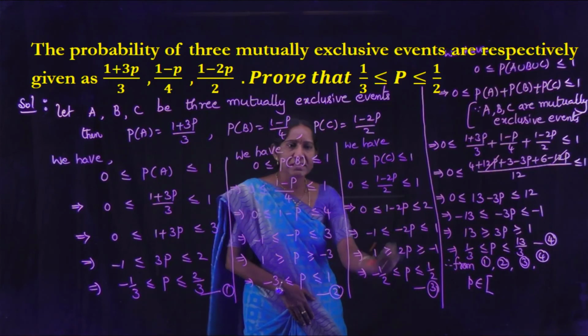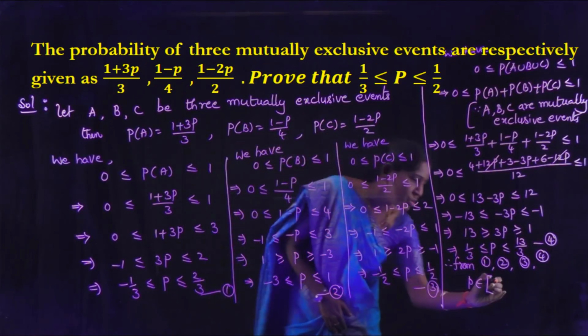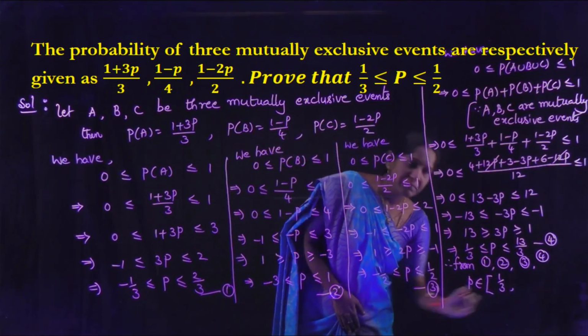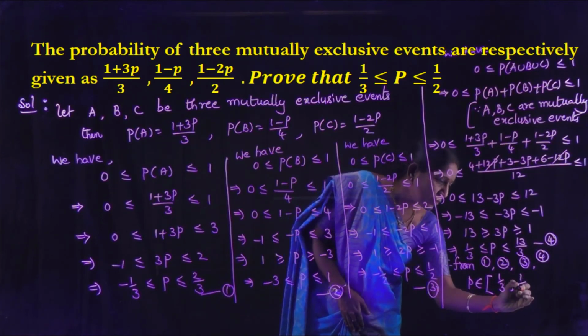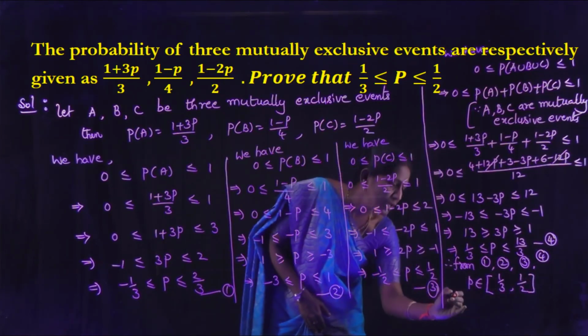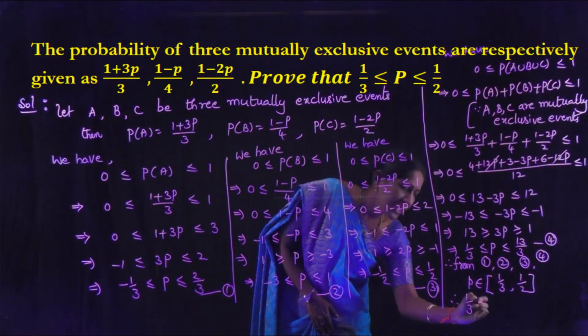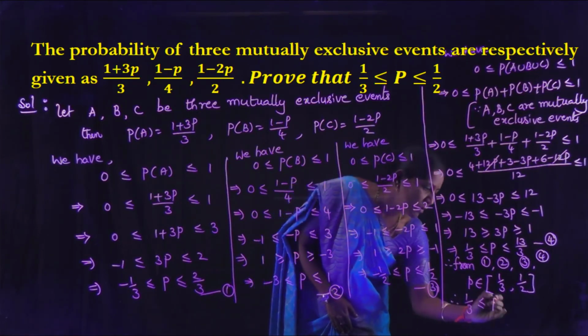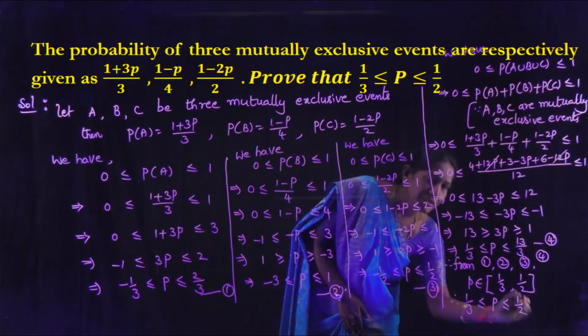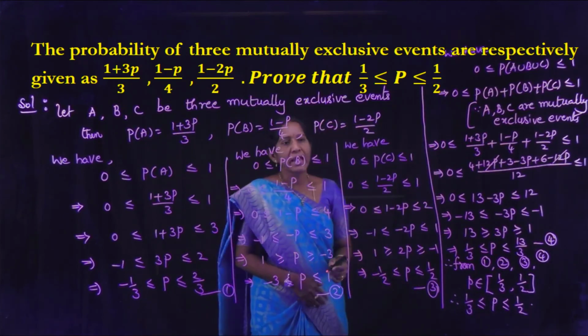From all these equations, p belongs to the closed interval 1 by 3 comma 1 by 2. Therefore, this is nothing but 1 by 3 less than or equal to p less than or equal to 1 by 2. So hence it is proved.